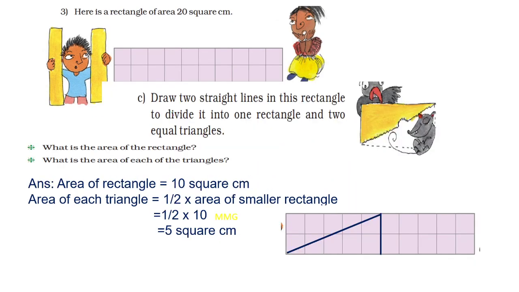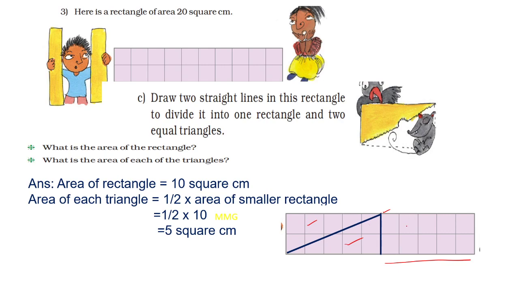Now here what is written children, draw two straight lines in this rectangle to divide it into one rectangle and two equal triangles. So children, here you can see I have drawn two straight lines. One line is making this rectangle and another line is making two triangles, two equal triangles.